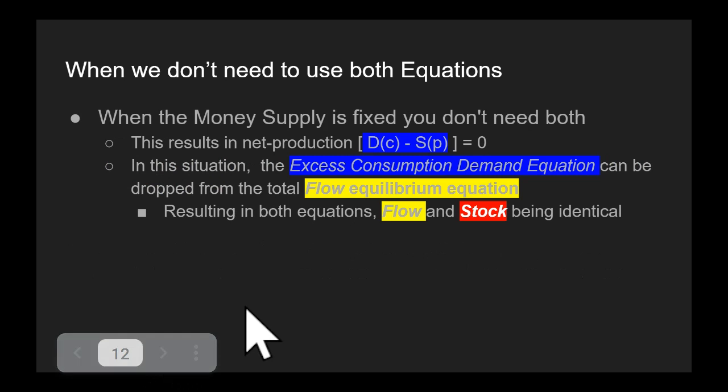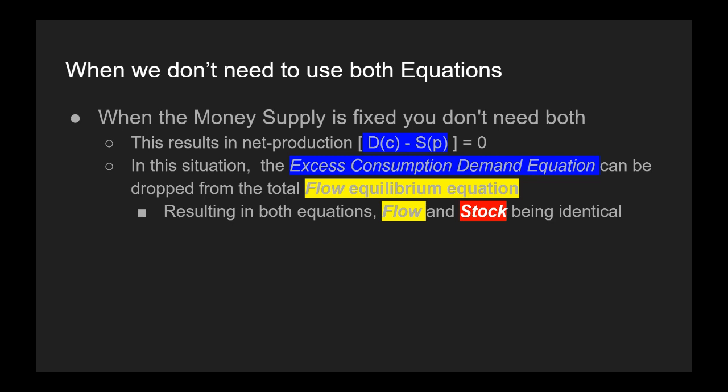Let's for instance think that the money supply is fixed in an economy. The money supply is fixed. The result is that net production, D of C minus S of P, equals 0. If you recall, D of C minus S of P is the excess consumption demand equation, which is also the first part of the flow equilibrium equation.